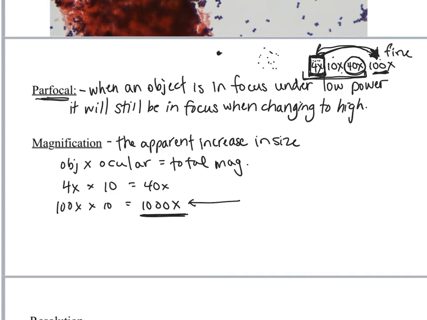Now we could get lenses on here that would increase that magnification even higher, but above about 1000x, even if we magnified them, say 2000 times, that wouldn't really give us a better picture, because at about 1000x we start to run into limits imposed by physical properties of light.